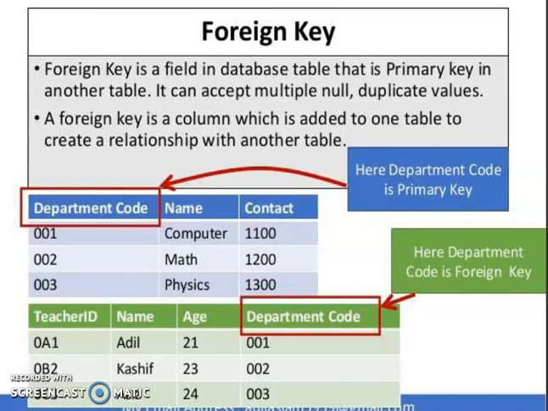So whenever a user requests particular data, if they enter a primary key, they get all the relevant data stored in different tables which are connected with the help of foreign keys.